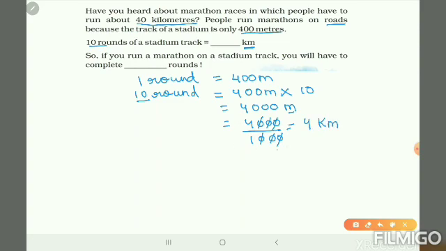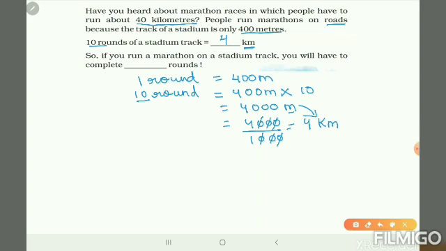Either you can show this and do it, or you can do it mentally and directly get the answer as 4 kilometers. So the first answer is 4 kilometers. So 10 rounds is equal to 4 kilometers.